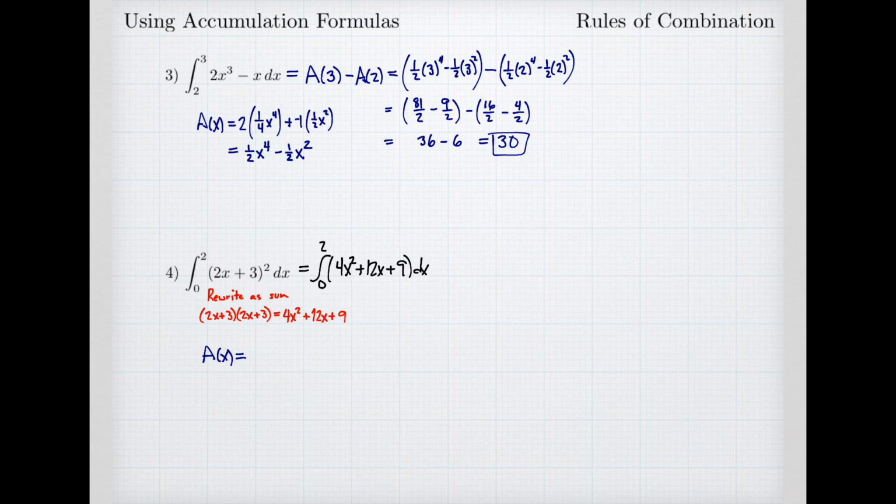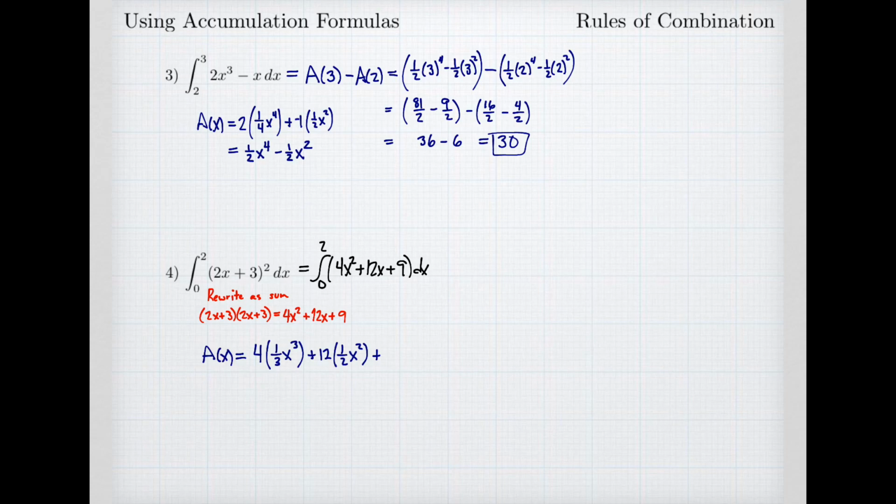So here we have 4 times the accumulation or antiderivative of x squared, and that's 1/3 x cubed. Our next piece is 12 times the antiderivative or accumulation function of x, which is 1/2 x squared. And last we have 9.